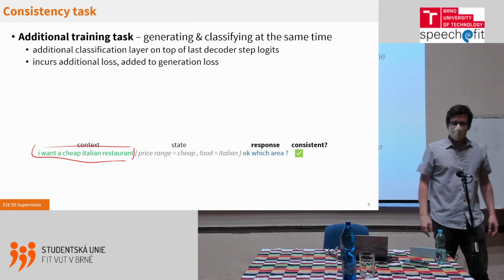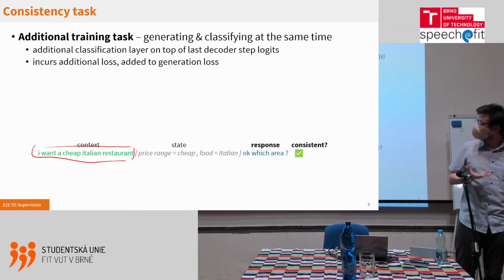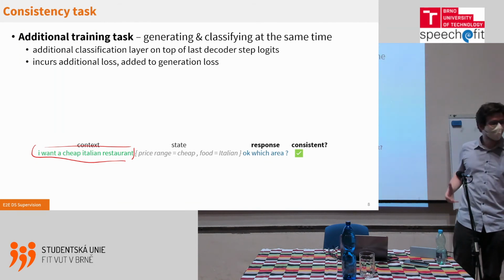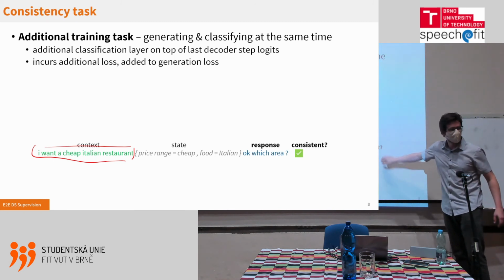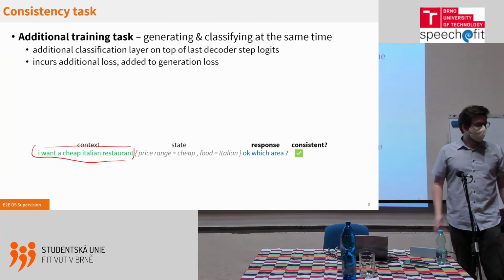But you're right, this is a non-trivial task, and the model is not explicitly trained to do that apart from this consistency thing. So there's definitely room for improvement here.